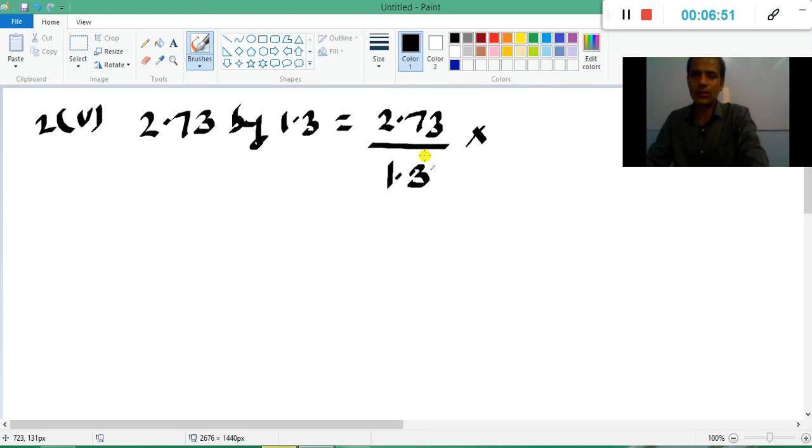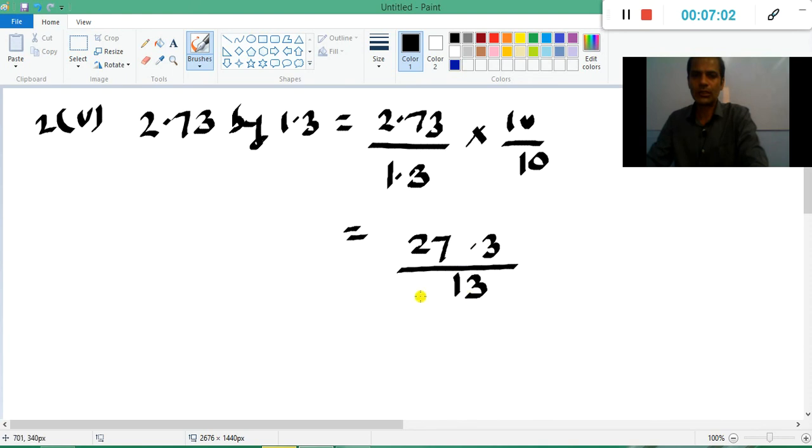Now in the denominator there is only one digit to the right of the decimal, so multiply by 10 upon 10. Finally it is 27.3 upon 13. Now it is important to show the division. When we multiply 2.73 by 10, we get 27.3 and the denominator will be 13.